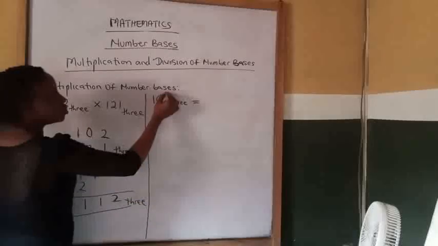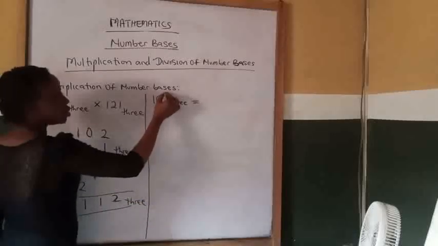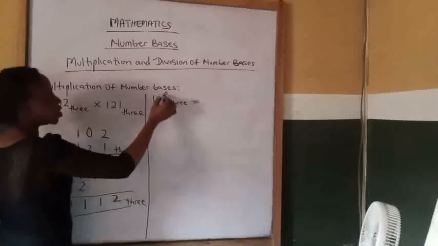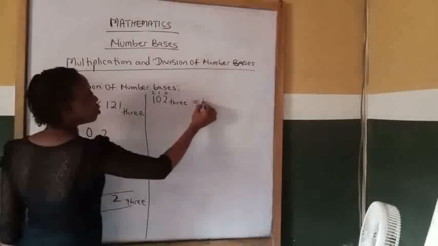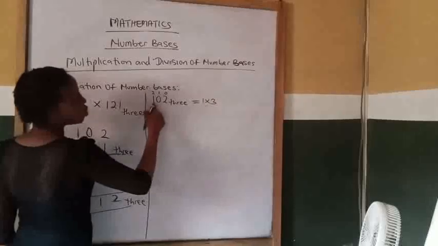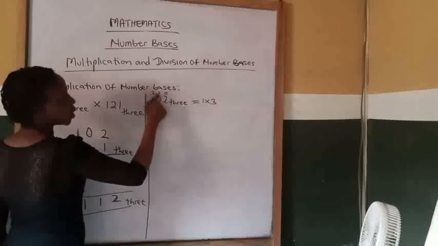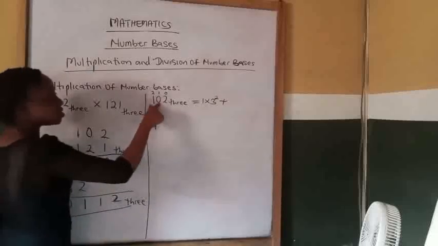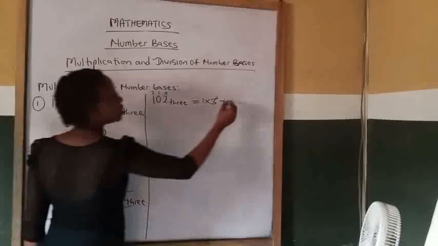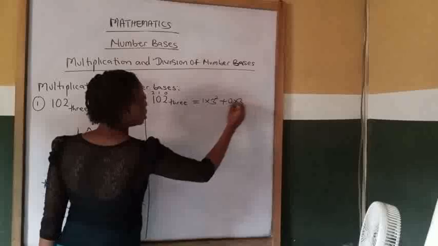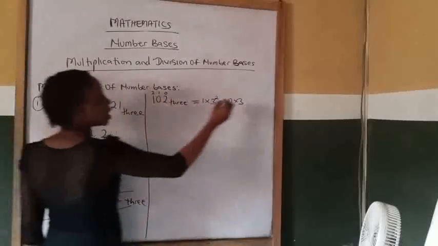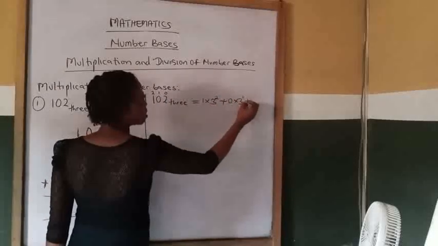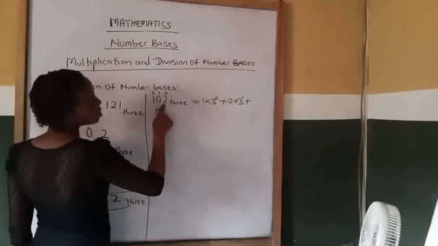Don't forget that you are going to write the power of your place value on them: 0, 1, 2. So 1 times 3 raised to power 2, plus the second digit, 0 times 3 raised to power 1, plus 2 times 3 raised to power 0.